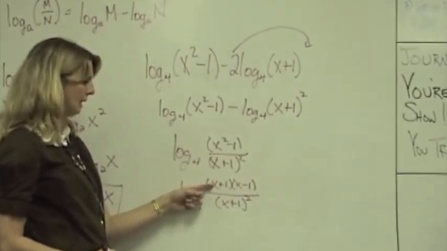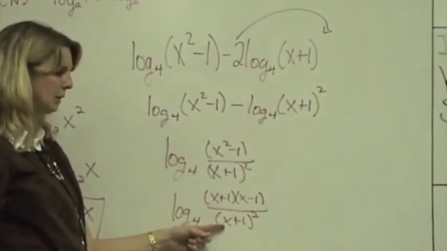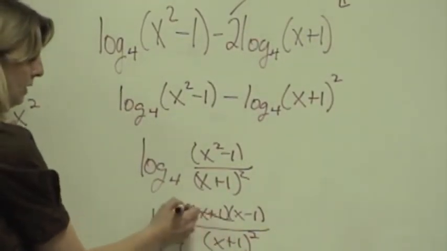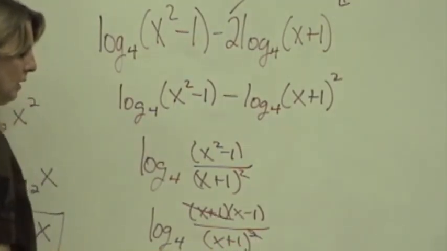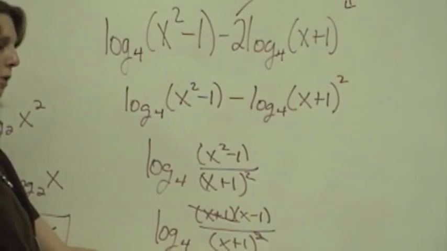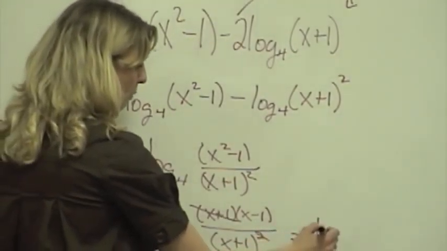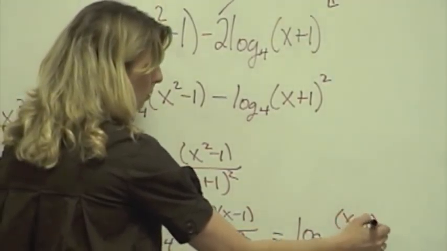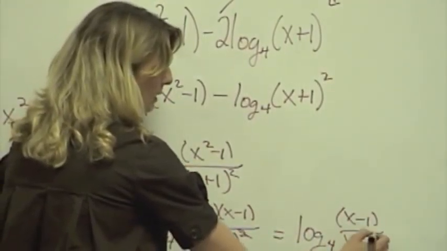Notice we have an x plus 1 in the numerator, x plus 1 in the denominator. Actually, we have 2, but we're going to cancel this one with one of these, which will just leave us 1 factor of x plus 1. So our final answer will be log base 4 of x minus 1 over x plus 1.